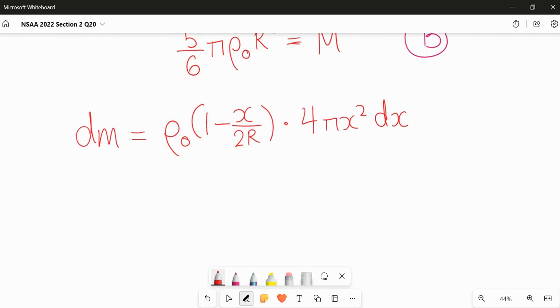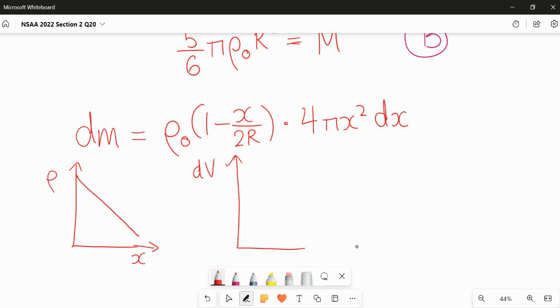Well, if you look at this, the density is decreasing linearly. So if I drew rho against x, it would be going like this. But the infinitely small volume, dV, is increasing quadratically. So our density is decreasing, but our volume is increasing by a factor of x squared.